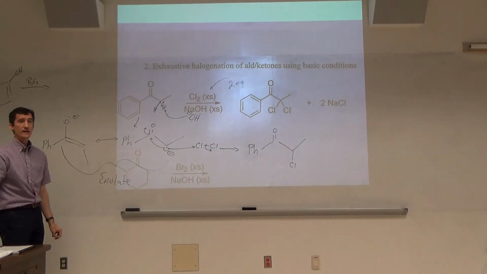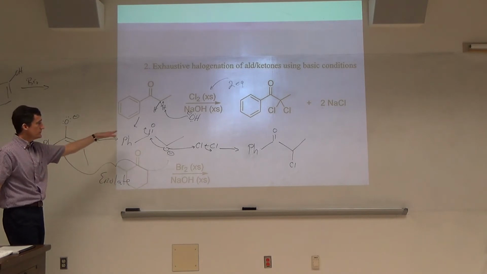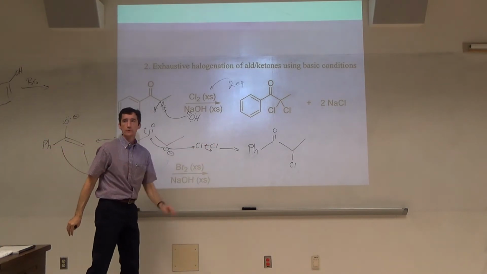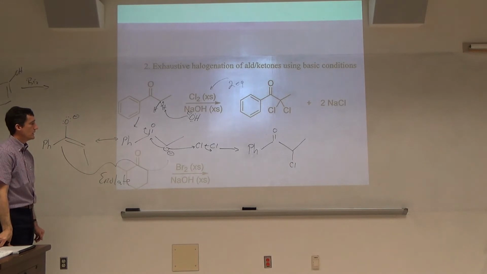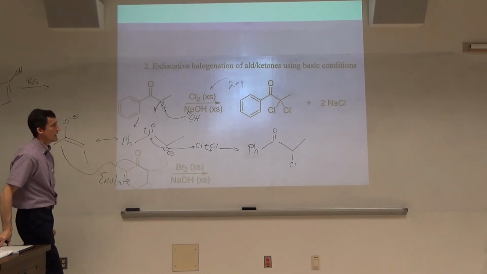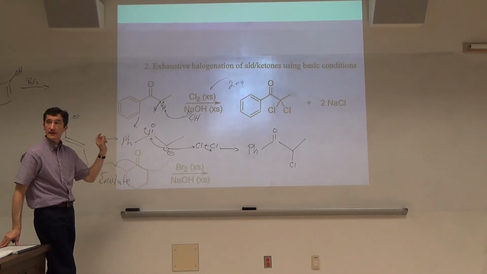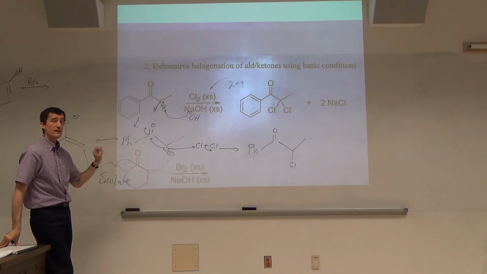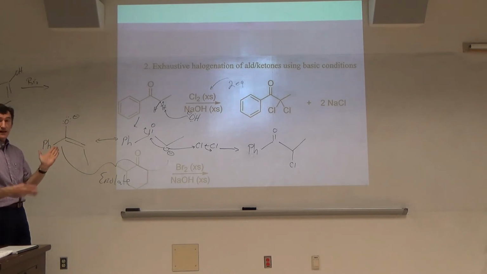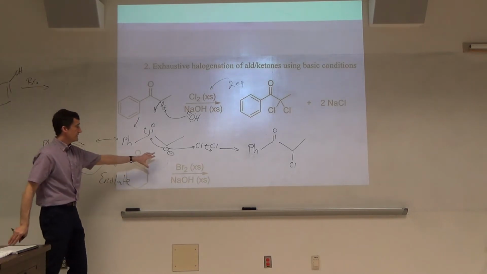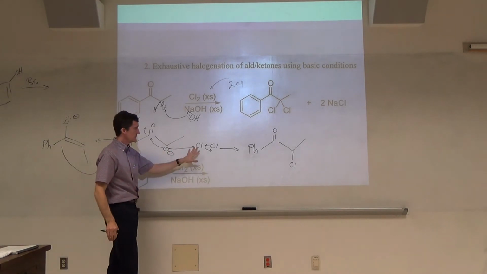Actually, the enolate reactions are much easier. All it is is remove a proton, and then you do your reaction. If you look back at the previous mechanism when we had enol, the enol did not have an anion, so the double bond had to react as the nucleophile. But here we have an anion that can react as a classical nucleophile.